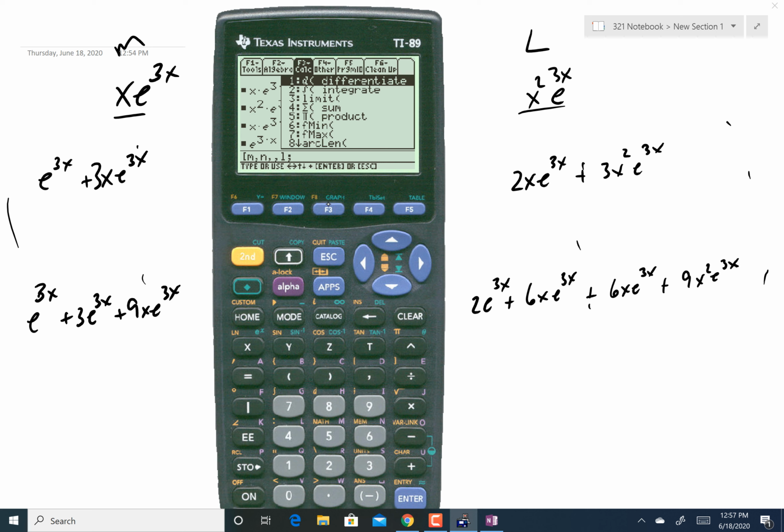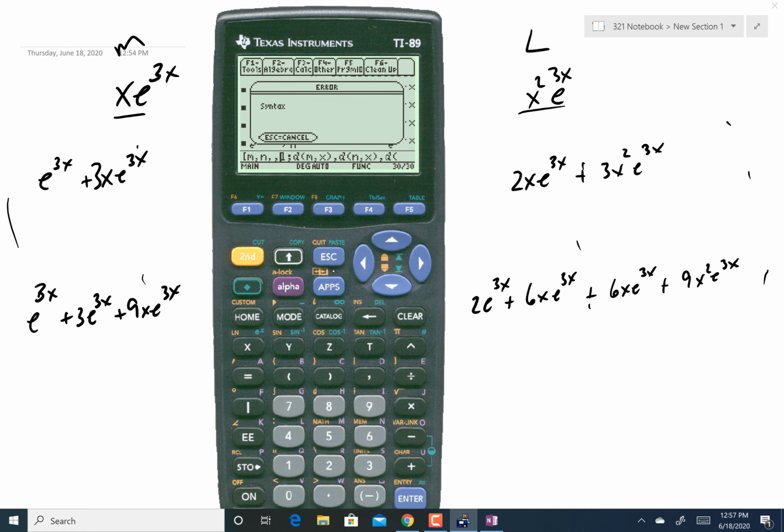And then I'm going to take the derivative of M with respect to x, comma, the derivative of N with respect to x, and the derivative of L, semicolon. It's a lot of work, but it's a lot less work than doing it the other way.